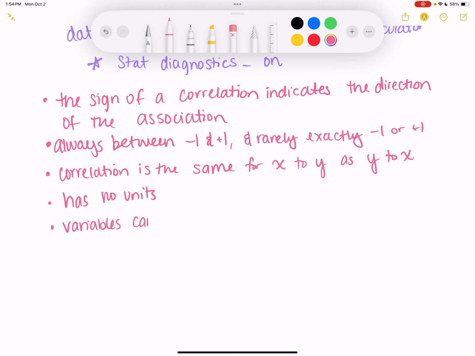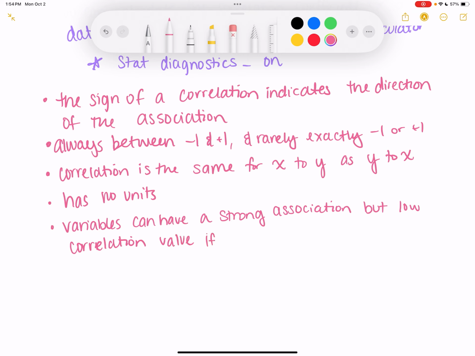Variables can have a strong association but low correlation value if the relationship isn't linear.